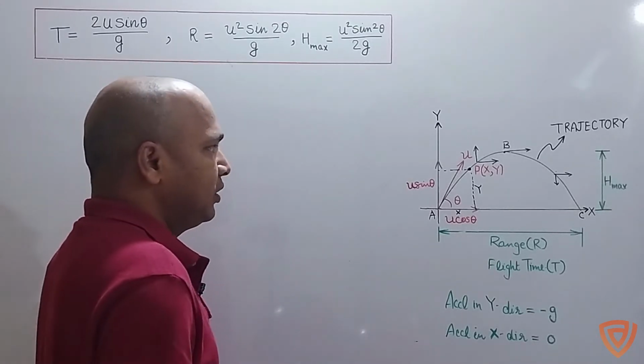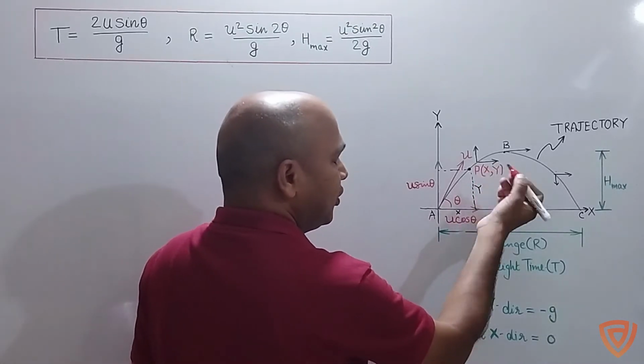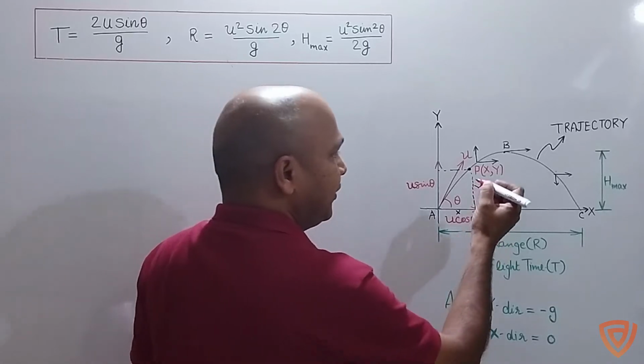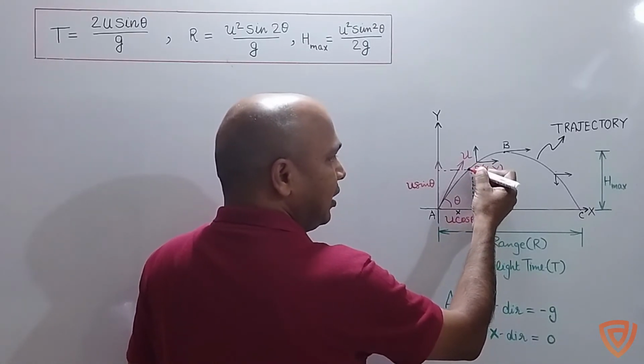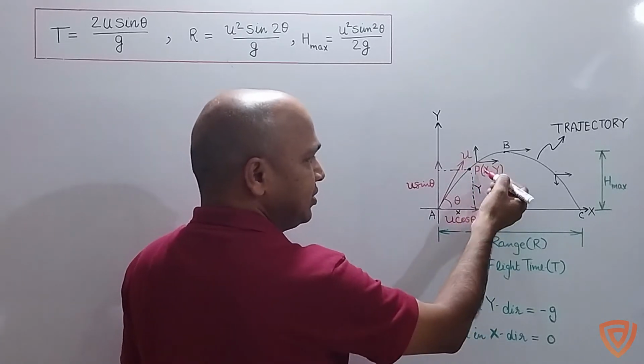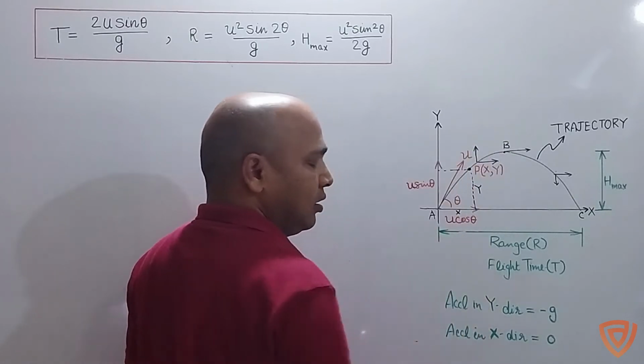So what do we do for that? For those kinds of problems, you have to just imagine a point on the trajectory. I have imagined a point P, and let's say this is the point P, you can see over here, and the coordinates of that point are x and y.